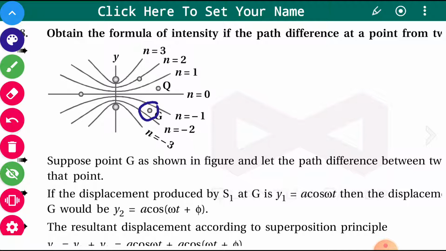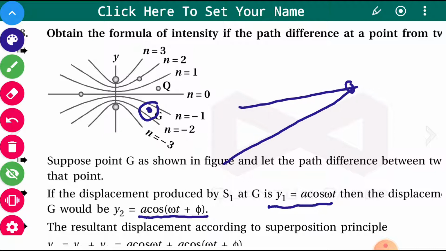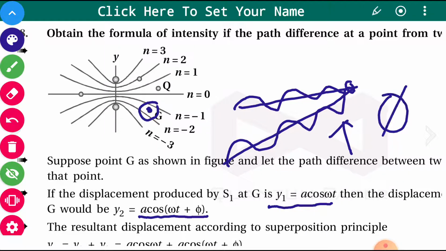The displacement produced by the first wave we consider as y1, and if y1 is taken as a cos omega t, then the displacement produced by the second wave reaching this point G is considered as well. As I have explained, this is the point where two waves are reaching, the first wave coming like this, the second wave coming like this, and the phase difference between these two waves is phi.